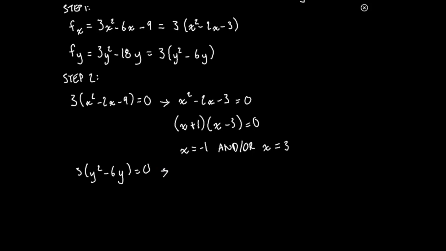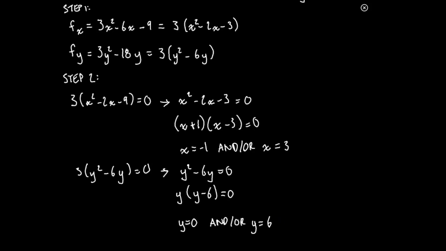Same situation where we can just pull out the 3 or divide by 3 on both sides, giving us that y squared minus 6y is equal to 0. We can factor out the y, giving us y times y minus 6 equals 0. And similar to before, y is equal to 0 will give us 0, and or y is equal to 6 will give us 0.